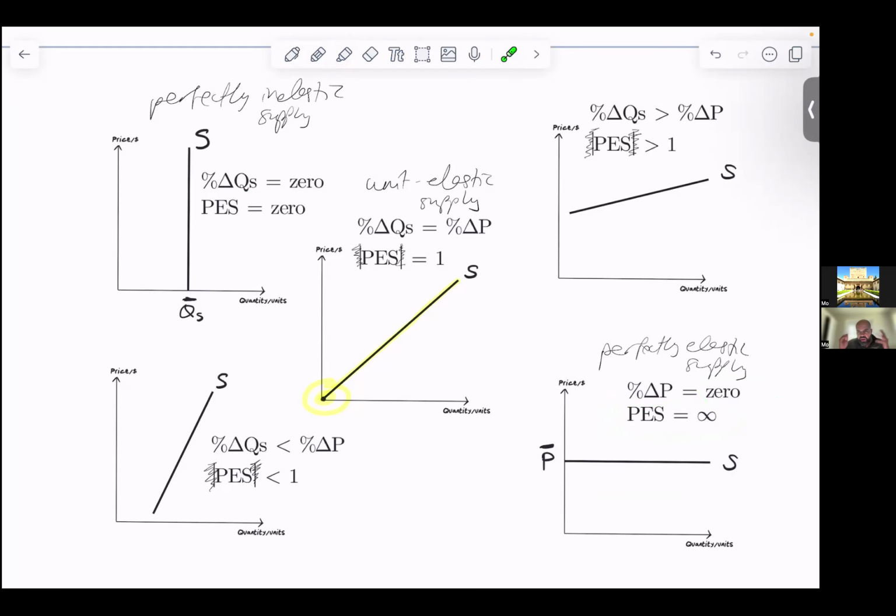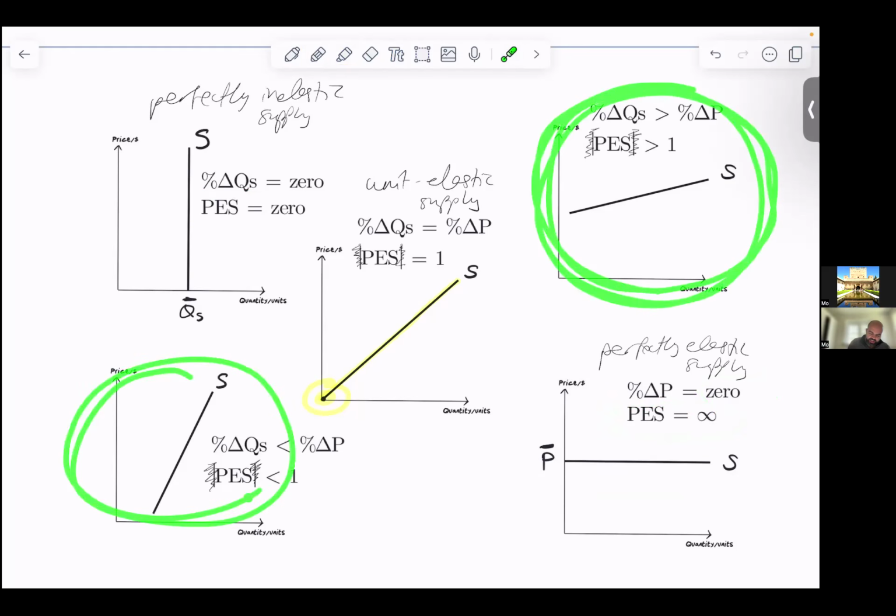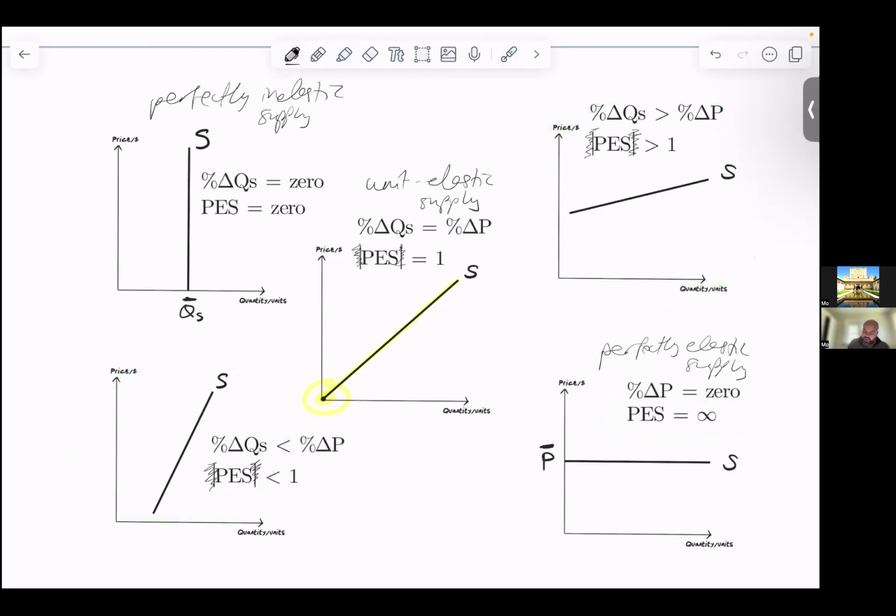But most frequently encountered cases will either be just elastic, relatively elastic, or relatively inelastic. So if the percentage change in quantity is greater than the percentage change in price, that means quantity supplied is very sensitive to changes in price, okay?